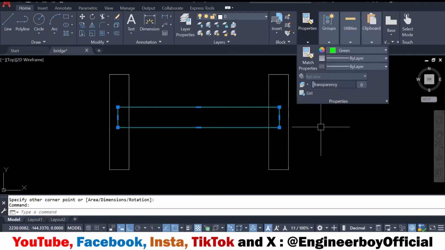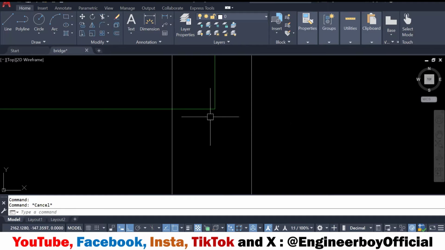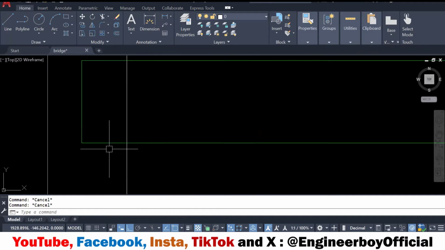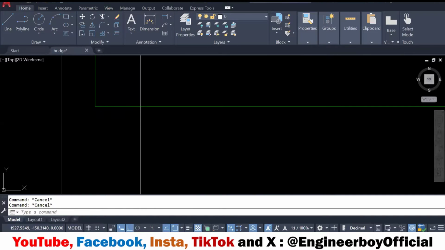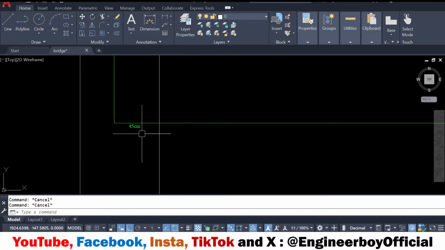Now, what do we mean by the bearing? The bearing is this overlap at the end, this extension to one side and the other side. So this must be 45 centimeters. I hope you understand the real meaning of the bearing now.